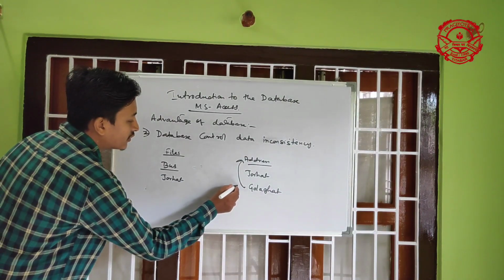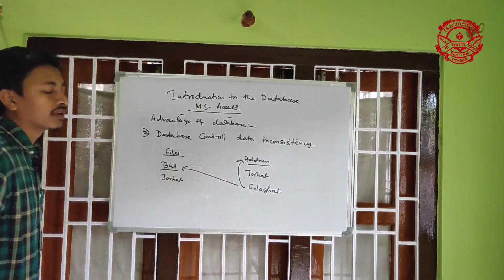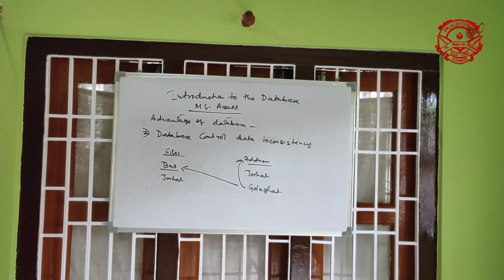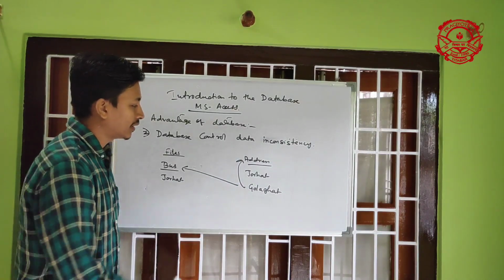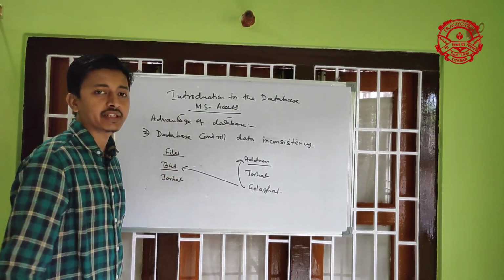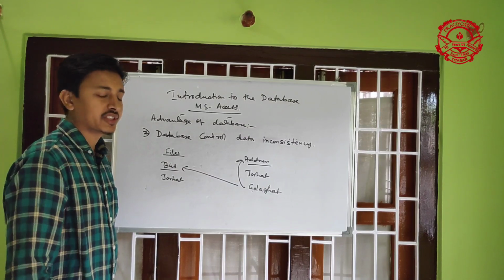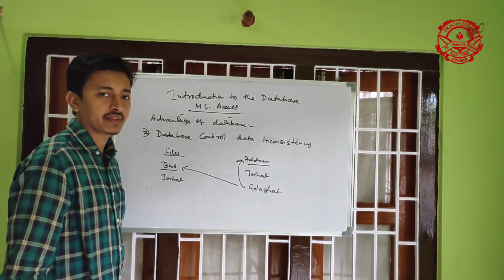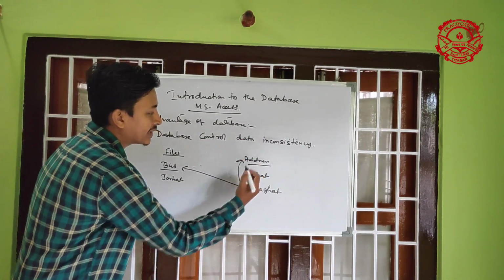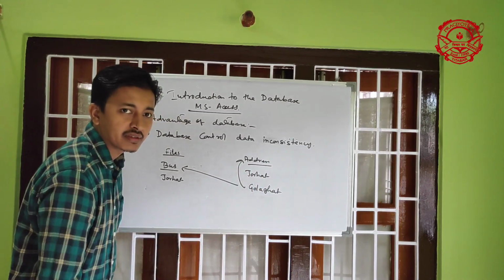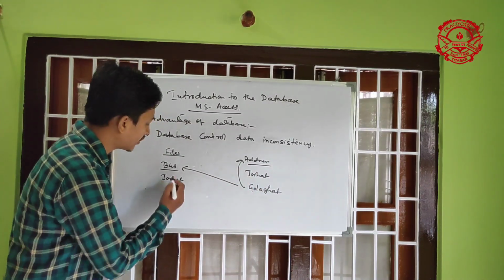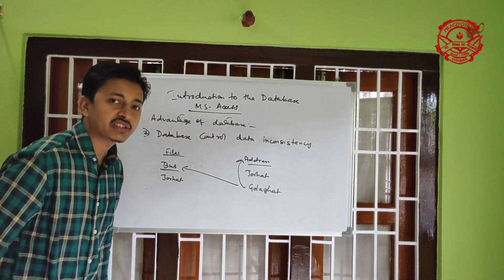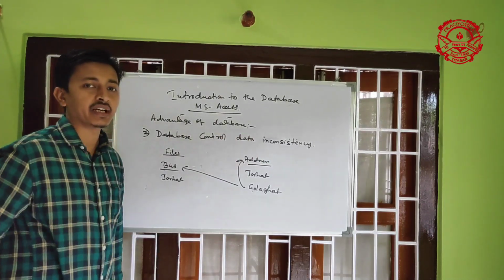But if the change does not happen in the bus table, the two tables have different addresses for the same student. So this is called inconsistency. The change happened in the address table, but not in the bus table. This is the inconsistency of data.